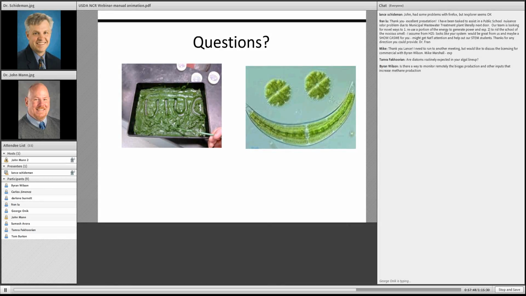Okay, so let me just read this off. It says, I have been tasked to assist the public school nuisance odor problem due to a municipal waste treatment plant literally next door. Our team is looking for novel ways to first reuse a portion of the energy to generate power, and especially to rid the school of the noxious smell.